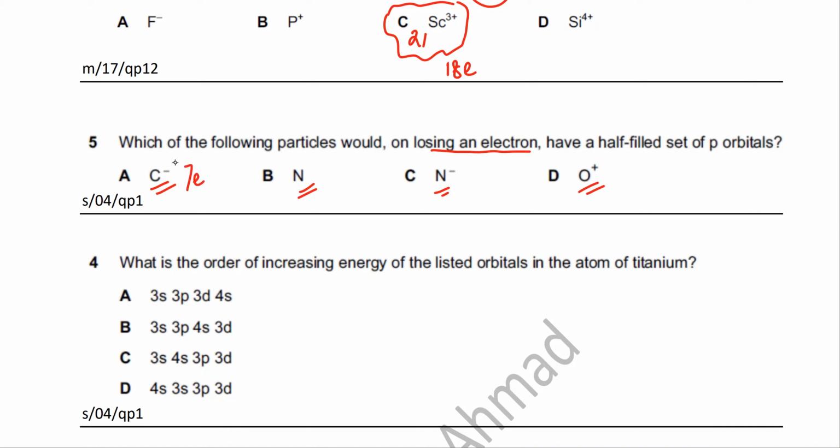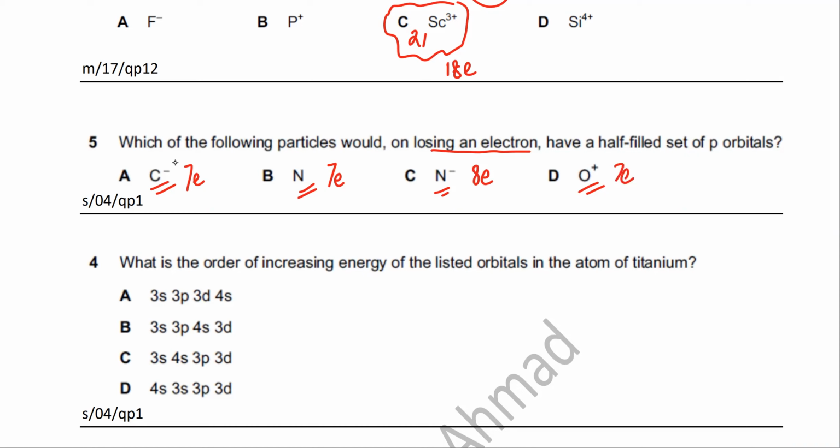Nitrogen's proton number is 7, and nitrogen -1 has 8 electrons, one extra. Oxygen had 8 electrons, but now it's 7 electrons because it's +1.